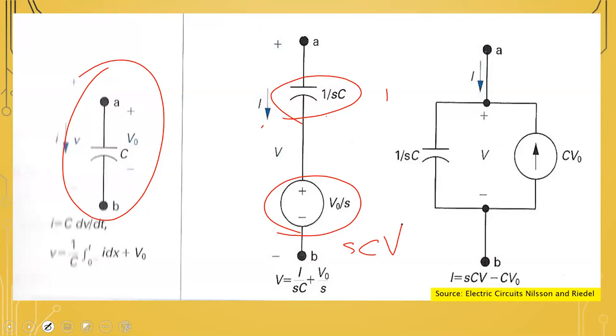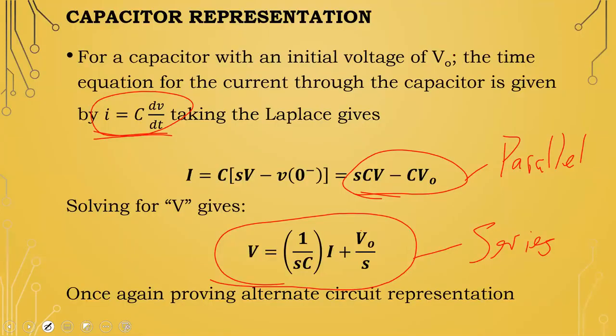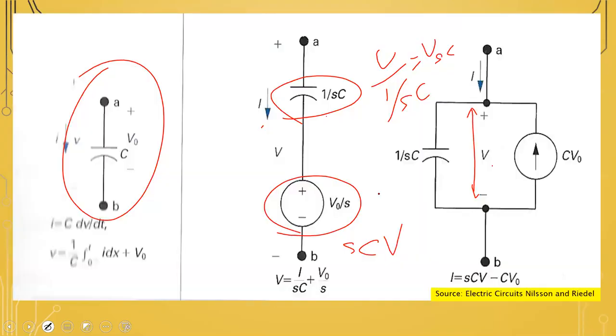With a voltage across this capacitor, if I want the current, then I'd have V divided by 1 over SC, which gives me VSC, or SCV, whatever you want to say. And of course, this would be the current source.